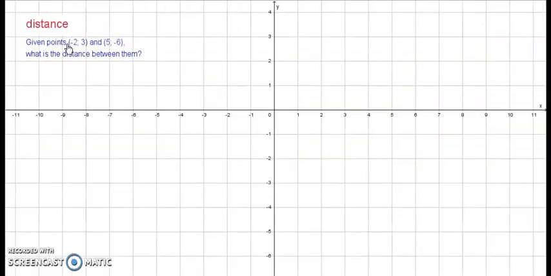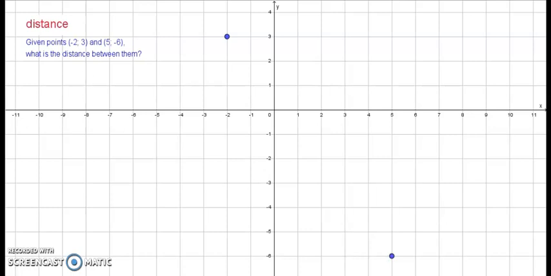So given points minus 2 and 3 and 5 and minus 6, what is the distance between them? And so even though you could just use the formula straight away to figure out what the distance is, I think it's always a good idea to draw a rough sketch of what's going on. So minus 2 and 3 is going to be over here, and 5 and minus 6 will be down here.